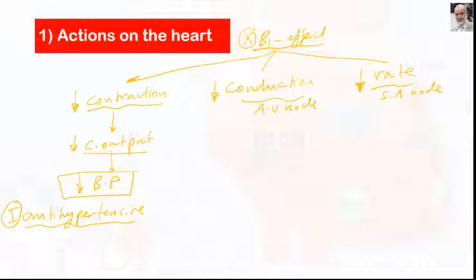Now, they decrease the heart rate, so they can produce bradycardia. Beta blockers, by blocking the SA node activity, decrease the heart rate. They can produce bradycardia. Therefore, they can be used in cases of tachycardia.